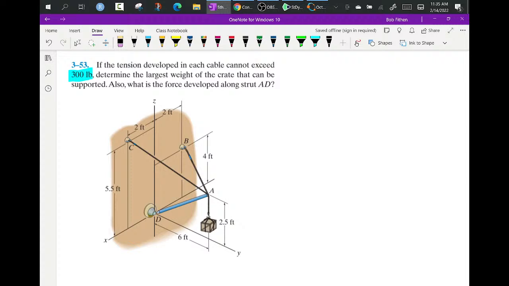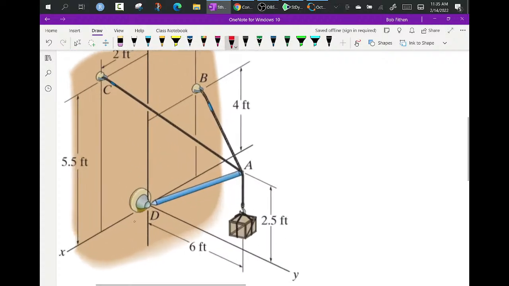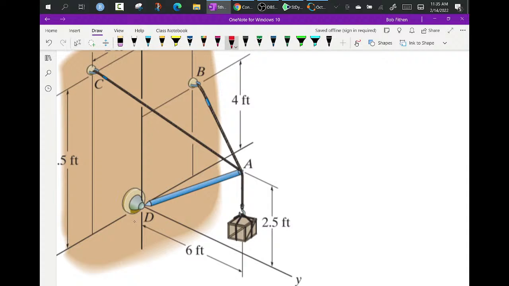Same thing. Now this one's slightly different, and I'll show you why. I've got a tension that's going to head back this way. I'm going to call it the unit vector going in the direction from A to B. And I've got a tension heading back this way, in a unit vector from A to C.